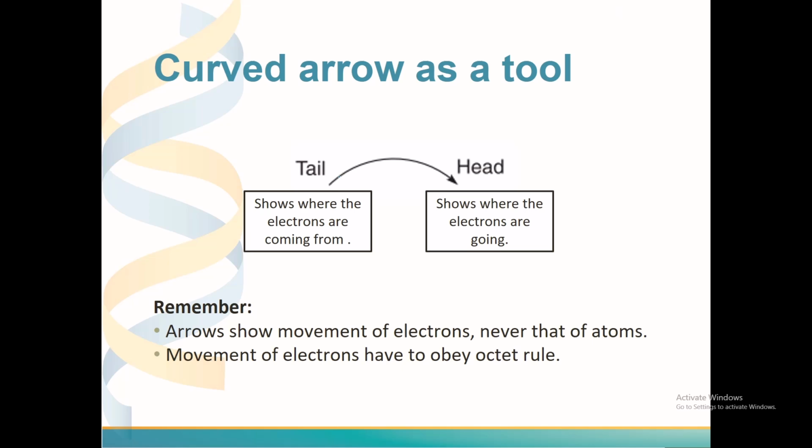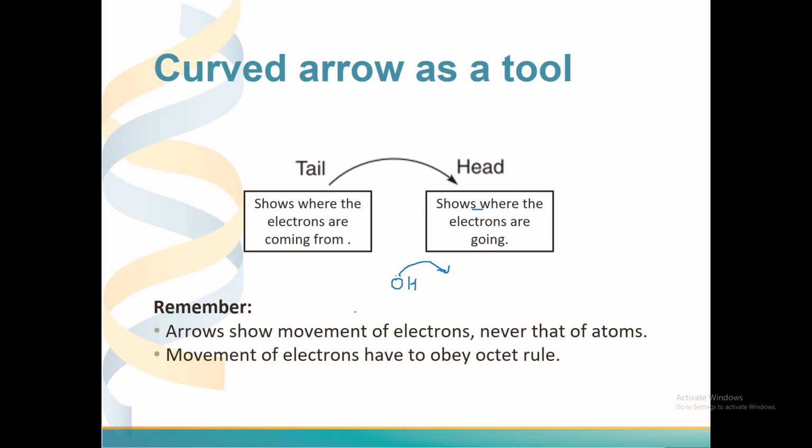Arrows are described as tools, where the tail shows where the electrons are coming from and the head shows where the electrons are going. And remember, arrows show movement of electrons, never that of atoms. So even if you see something like this, OH, and then it shows a movement like this, that means it is the electrons from the oxygen, not the oxygen moving itself.